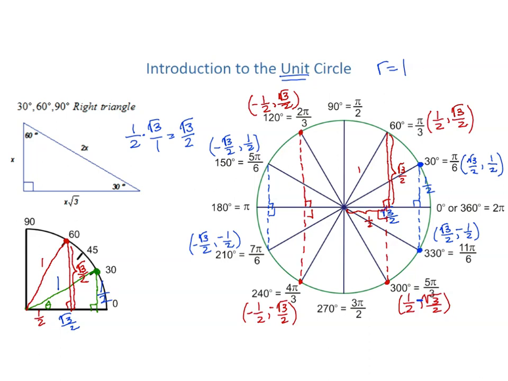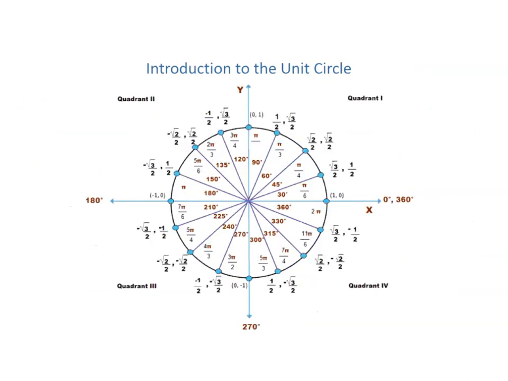All right. So that's how we would fill in all of the rest of the coordinates. So with everything filled in, this is what we get. And now you know where all of these values come from. So something to keep an eye on is where things are positive and where things are negative. So in the first quadrant, everything's positive.